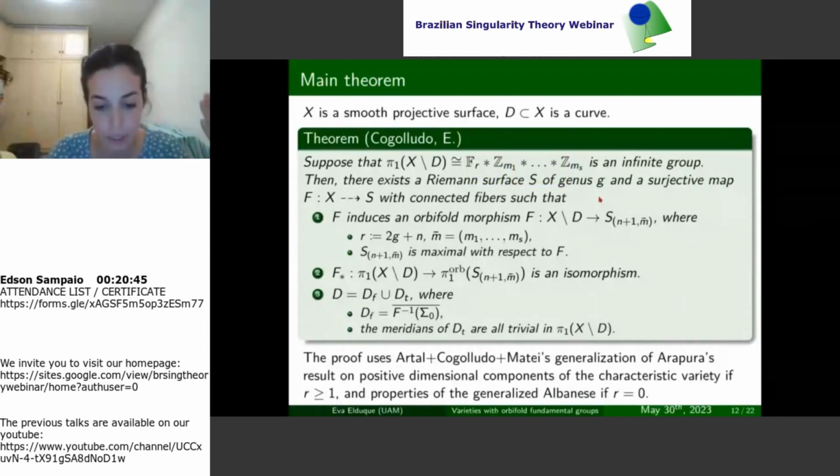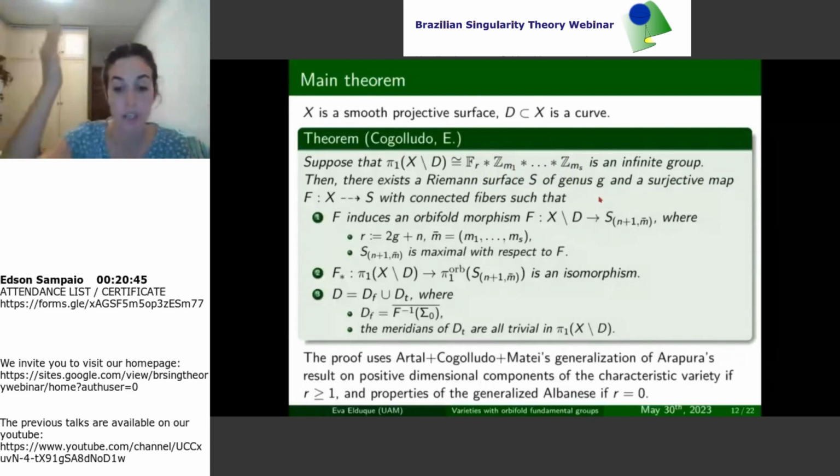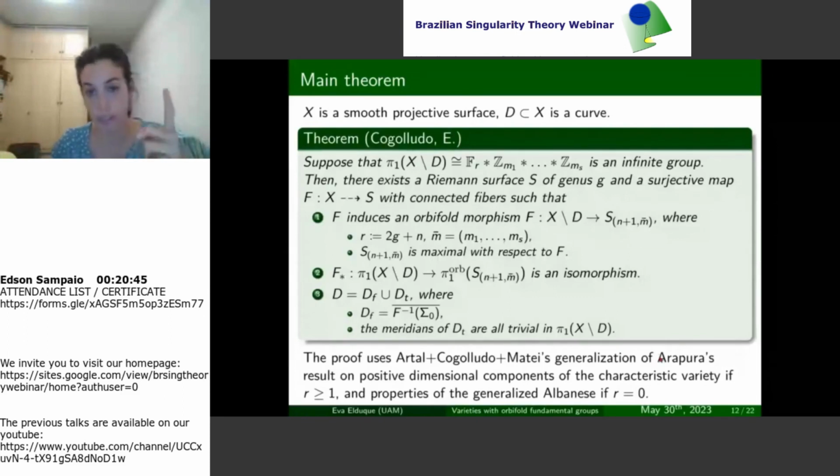It is known that the irreducible components are torsion translated subtori. So that means that they're either tori that go through the identity 1 and C star to the whatever power, or they go through torsion points. So there's this very celebrated paper of Arapura that tells you that if you have a positive dimensional component in the characteristic variety that goes through the origin, then that comes from a morphism to a curve.